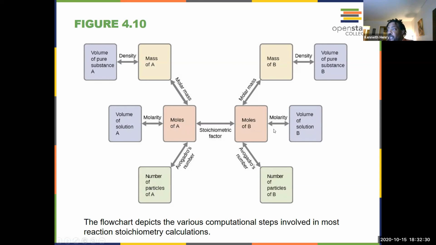Then I can use those moles with the molarity to calculate the volume needed. Or I can figure out the mass using the molar mass, the volume using the density, or the number of particles. Isn't this a beautiful flow chart? Amazing. How are you feeling about it?